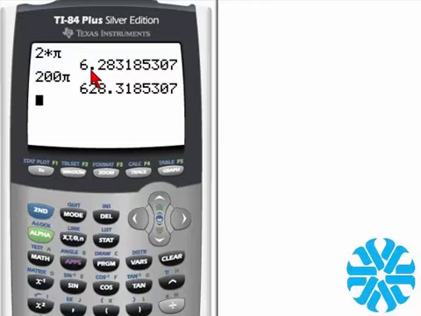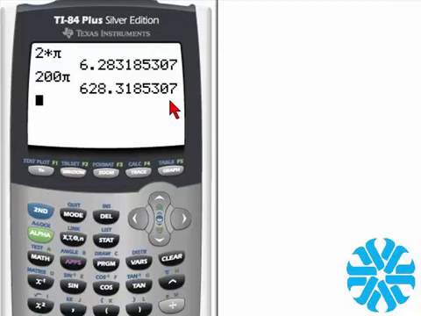Initially, this value is in ones. This number here is in the hundreds. So it floated from this point 2 more decimal places to the right. This is what the floating point decimal mode does for you, and it will always display the answer with 10 digits.